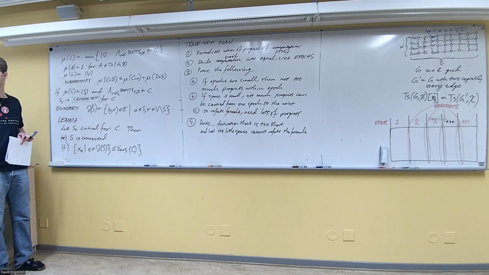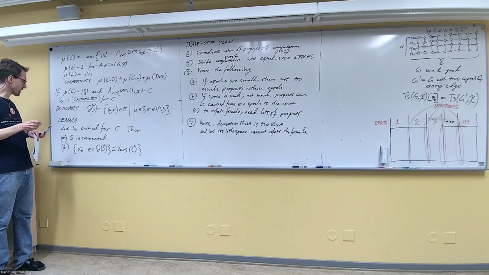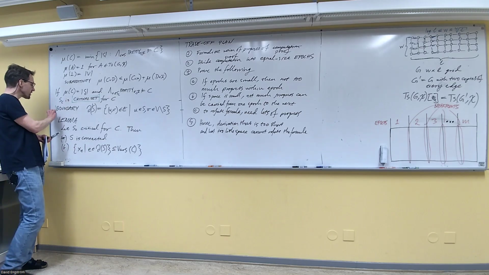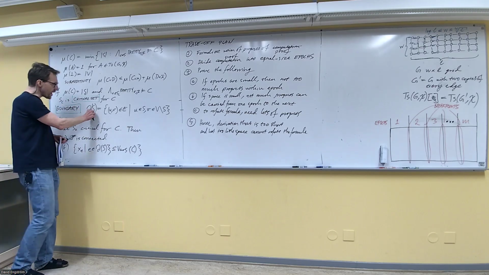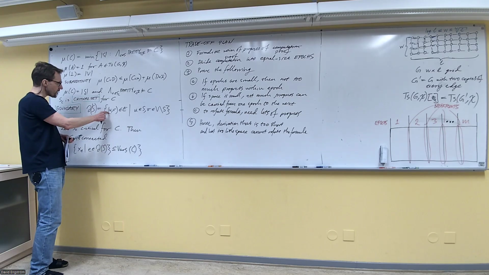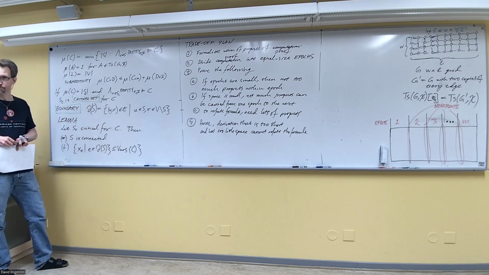Again, it doesn't necessarily have to be unique, it is a critical set. Another notion is the boundary of such a vertex set. It is all the edges in the graph that have one endpoint inside S and one endpoint outside.